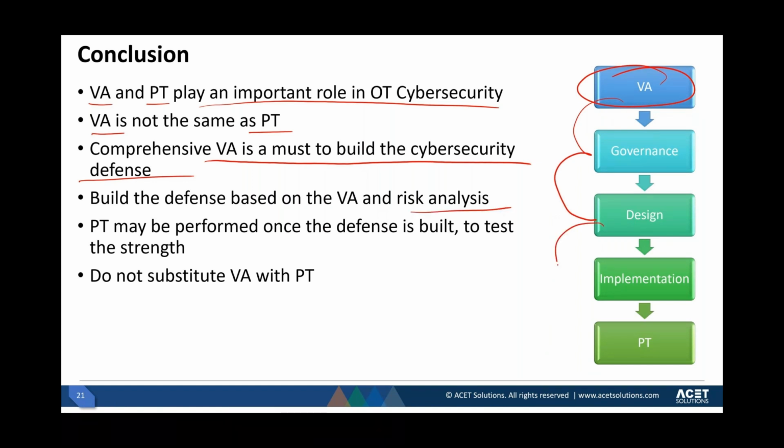Then the implementation is done. You have built your defenses. And now that you have built the defenses and you're saying, okay, well, nobody can get in, it may be okay to bring in pen testers to check that the defenses are strong enough or not.